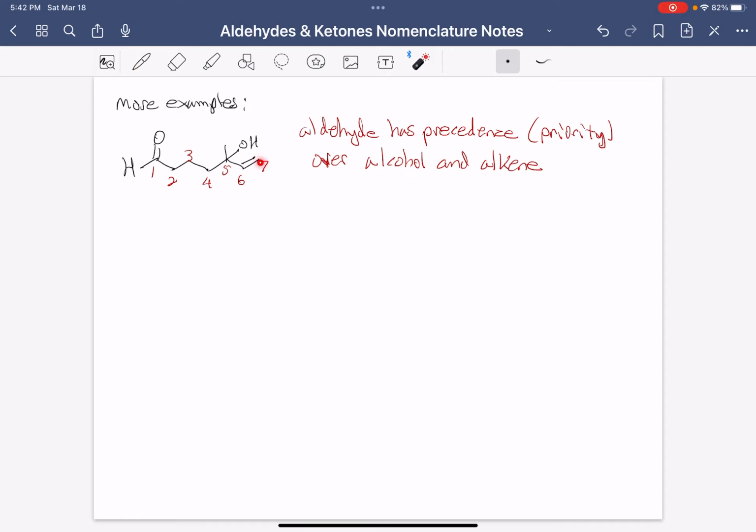So now, we have a methyl group and we have an OH group on our main chain here at carbon 5.